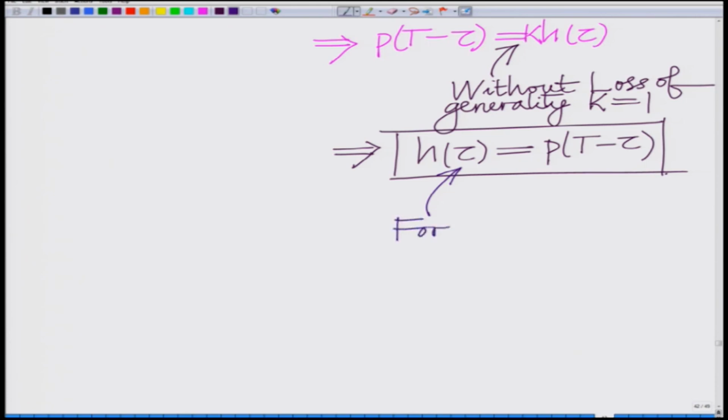For maximum SNR, h tau equals p t minus tau, and therefore, very interestingly, h tau is similar to pt except it is pt minus tau. So, h tau has to be matched to the pulse.